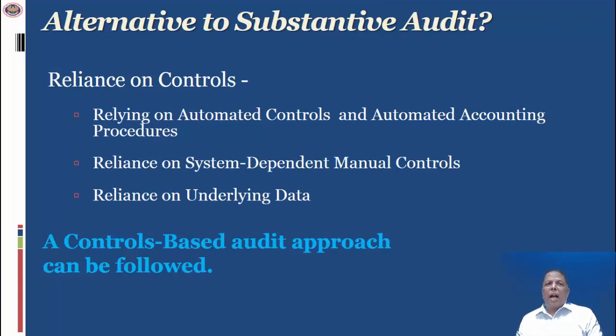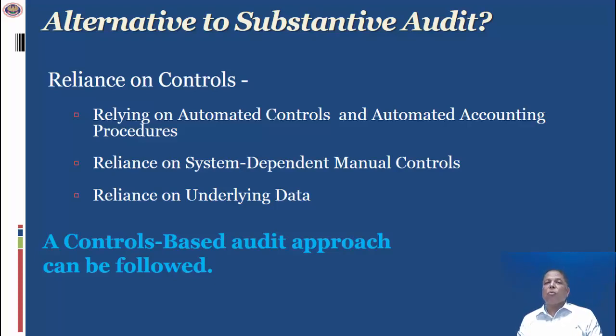So is there any alternative to substantive audit? Fortunately, yes. Fortunately, there is a way. You could rely on controls implemented by the management, the controls which the management is relying on. So typically in an IT environment, you could, if you assess appropriately, rely on automated controls, rely on automated accounting procedures, rely on system-dependent manual controls, and rely on underlying data.